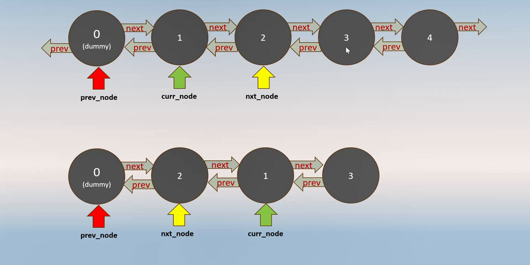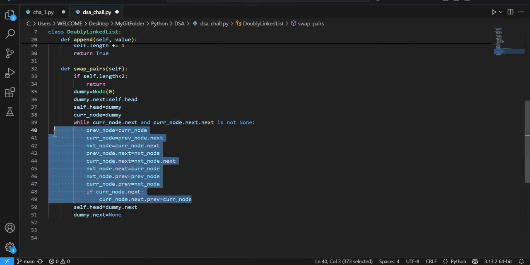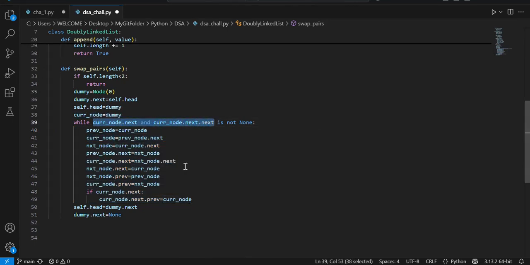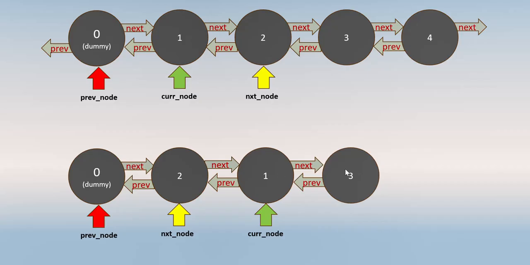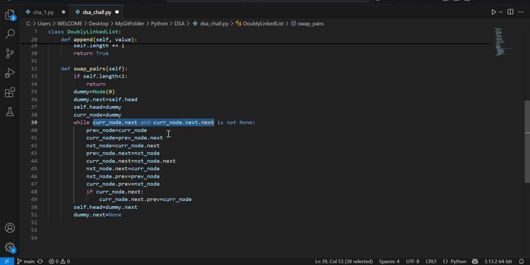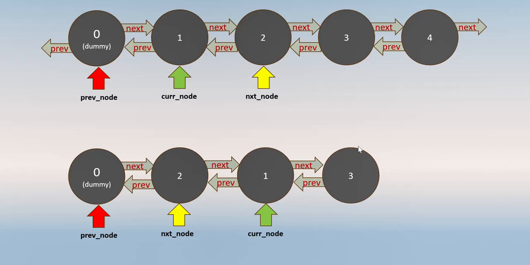Okay. Now we will move to another pair of nodes, which is 3 and 4. So the first iteration is done. Again this while loop will check its condition. So the condition is current node dot next, and current node is nothing but 1. So 1 dot next is 3, and then 3 dot next is nothing but 4, right?